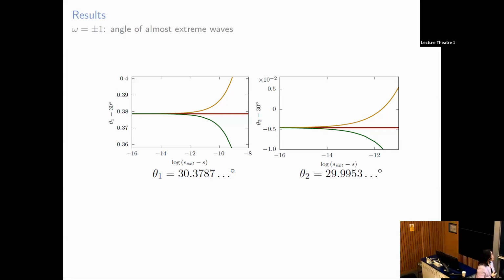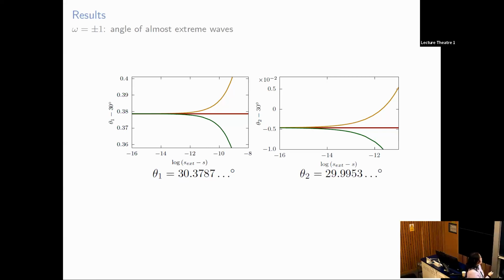And what we see is these angles monotonically converge to the limiting value. This is in contrast to all the other quantities like wave speed and energy, which oscillate as they approach the extreme value. But these angles seem to be monotonically approaching the limiting value.